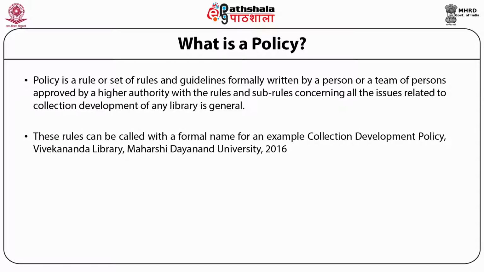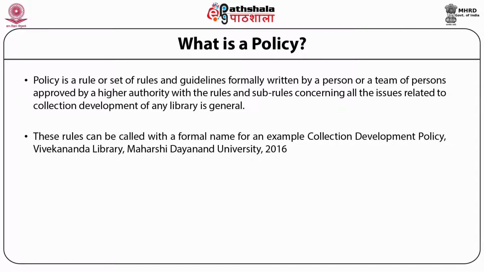These rules can be called with a formal name, like we have a book title. Example, Collection Development Policy, Vivekananda Library, Maharshi Dayananda University, 2016. So it's a name. So policy is a formal document, it's an authority.